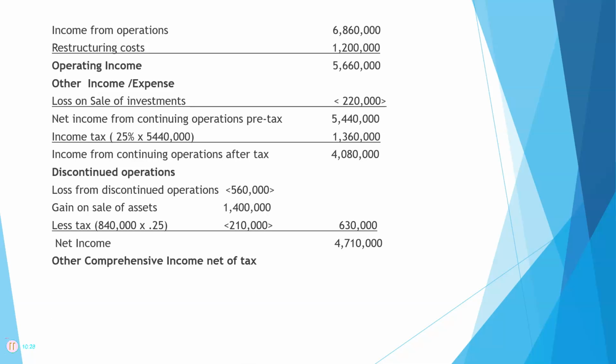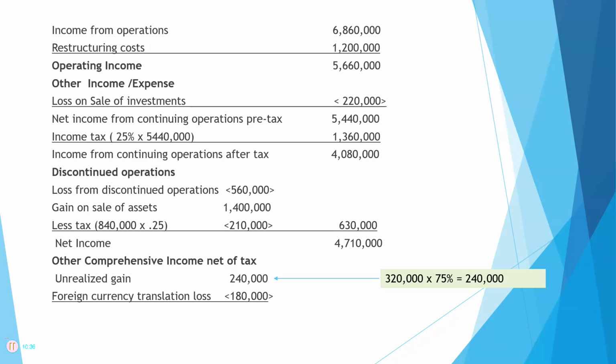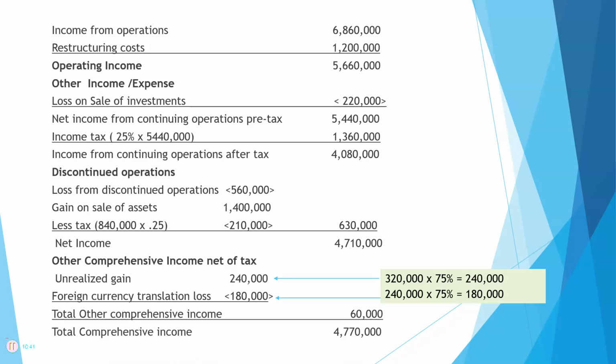Now we're going to have our category called other comprehensive income. We have our unrealized gain. These are all net of tax. We have our foreign currency translation, net of tax. And we have total other comprehensive income, and that's how you get total comprehensive income.